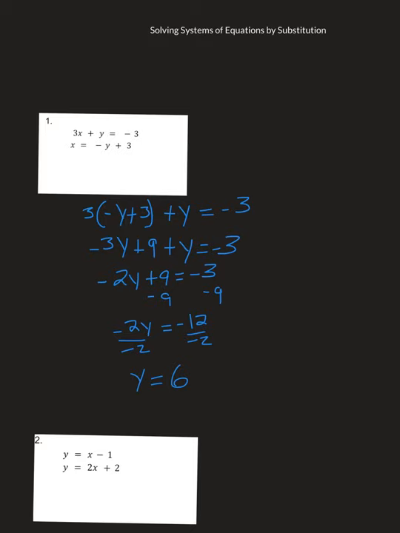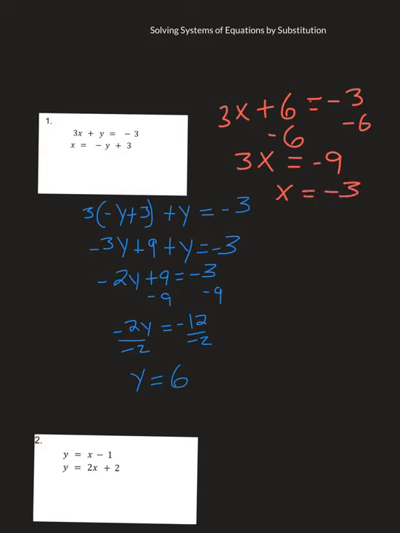We're going to have 3x plus 6 equals negative 3. And then we're going to solve. We're going to need to subtract 6 from both sides, and we're going to get 3x equals negative 9, or x equals negative 3.